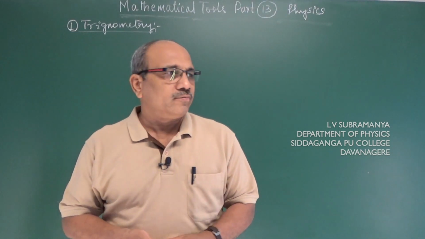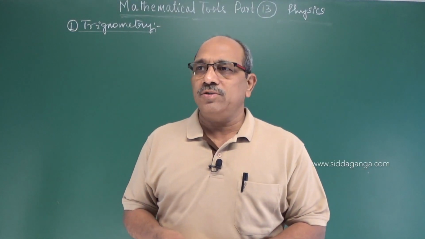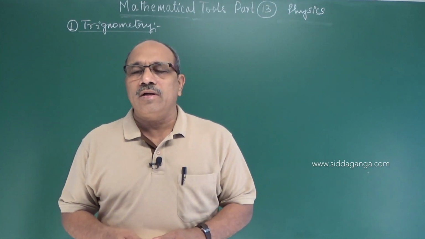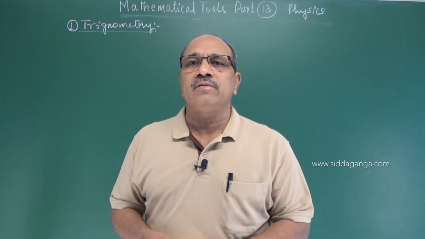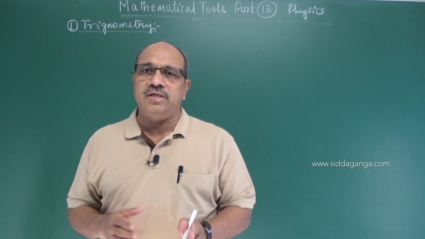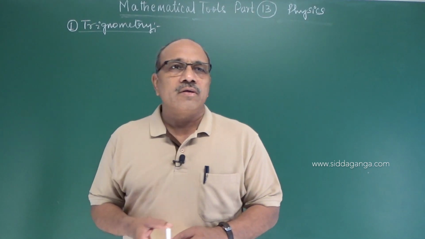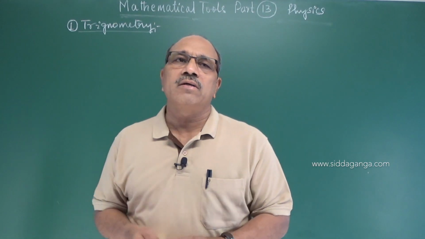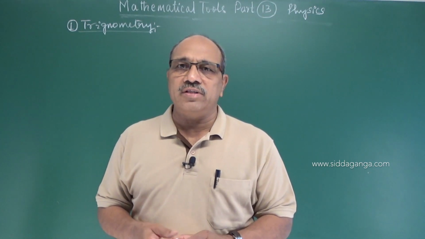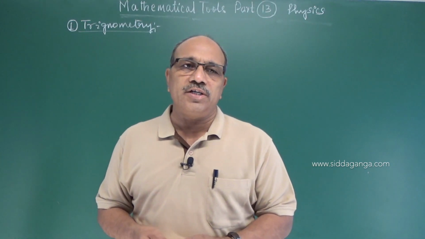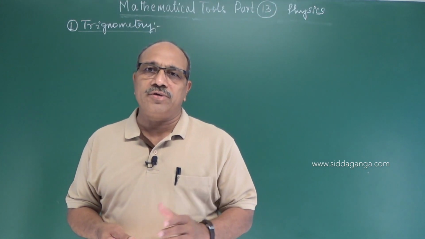Good morning to all. In the last video we discussed logarithms and their applications, and also the measurement of angle, and two units widely used in physics, radian and degree. In between, I also showed the relation between them, and how to convert degree into radian or radian into degree.